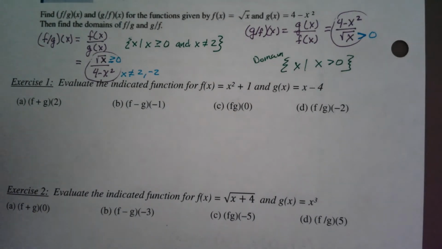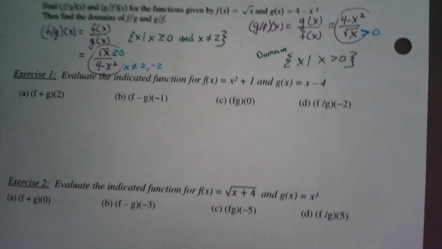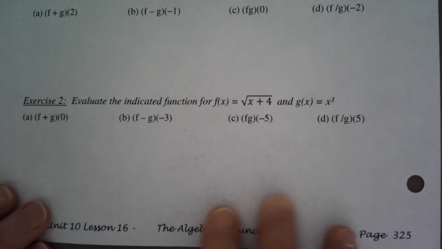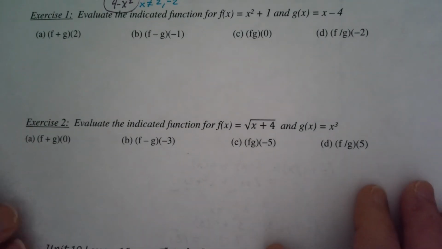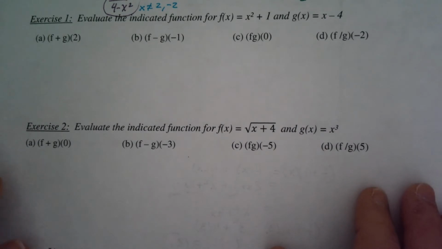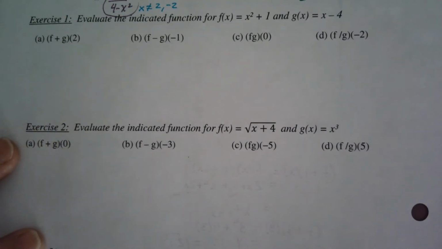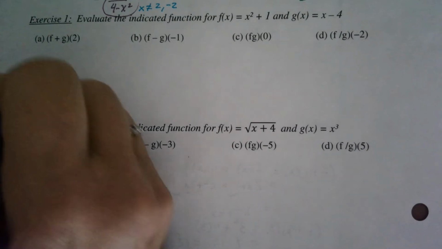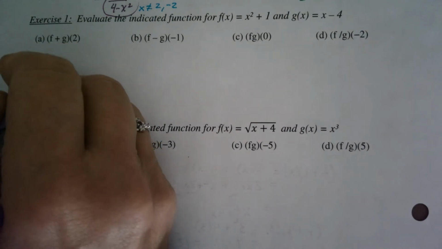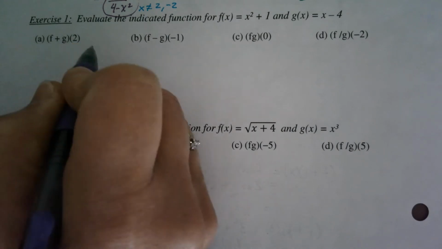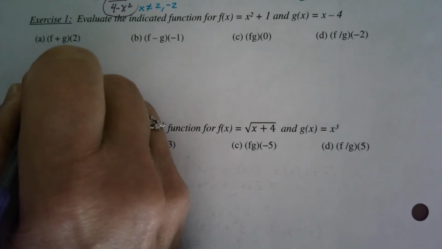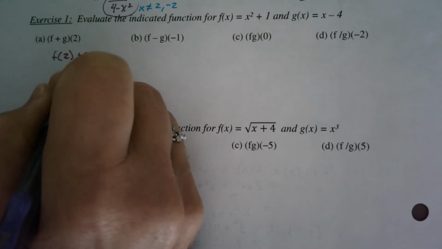Exercise number 1, evaluate the indicated function for f of x equal to x squared plus 1 and g of x equal to x minus 4. F plus g of 2 is going to equal f of 2 plus g of 2.